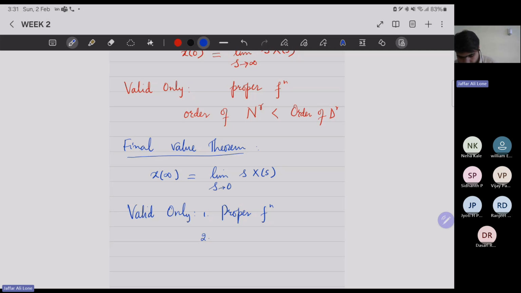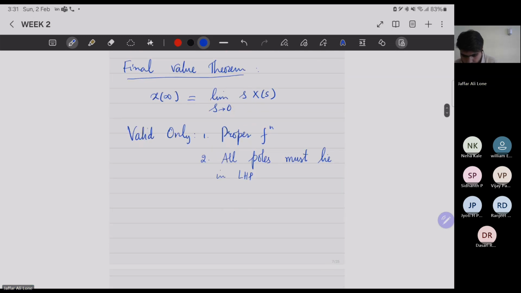So the next condition is that all poles must lie in the left half plane, with one freedom: with at most one pole at the origin.